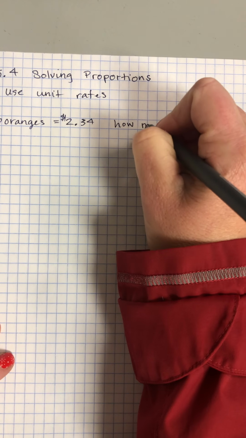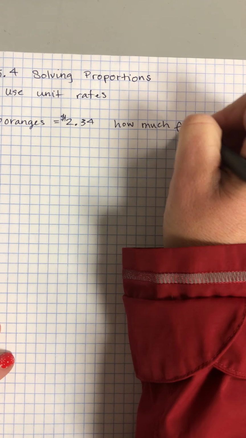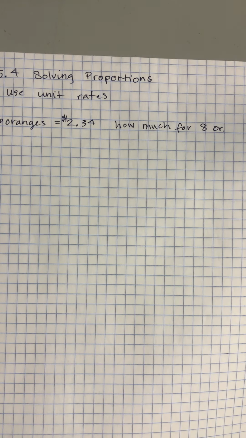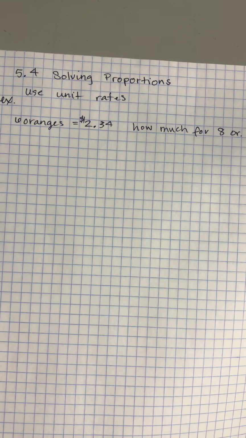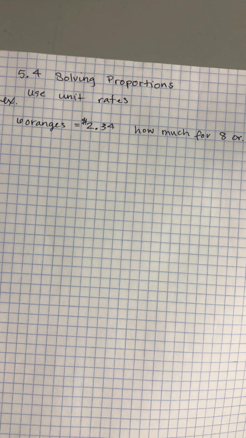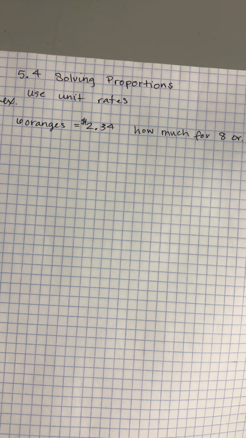How much for 8 oranges? I'm going to write OR. So we need 8 for a party, not 6. We don't want to get 12, that would be wasteful. We just want 8. So we need to figure out how much that's going to cost based on what we know.